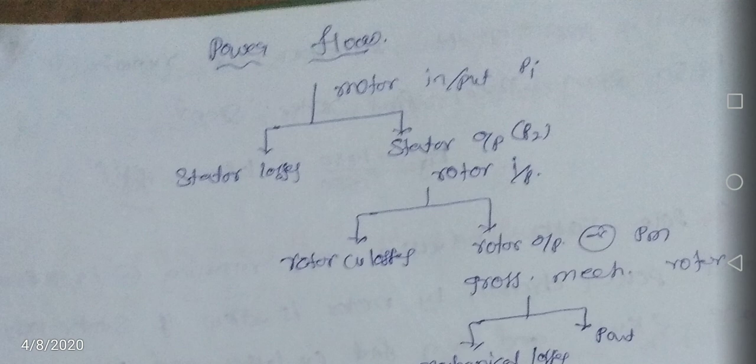Because for a 3-phase induction machine a 3-phase supply is given, that is the line-to-line RMS value, so you should consider root 3 VL IL cos phi.